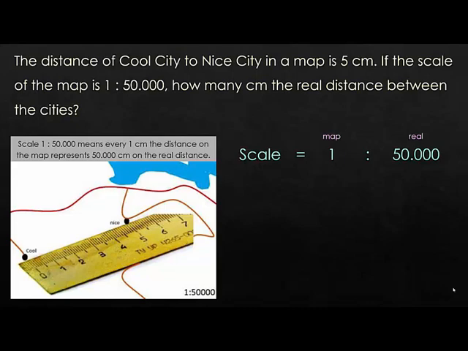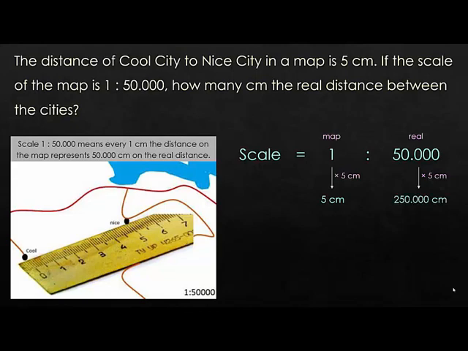Now let's see. If the scale is 1 to 50,000, 1 means on the map, and 50,000 means in the real thing. So if it is known in a map the distance is 5 centimeters, it means 1 times 5 centimeters. So if you multiply 1 by 5 centimeters, you must multiply 50,000 by 5 centimeters.